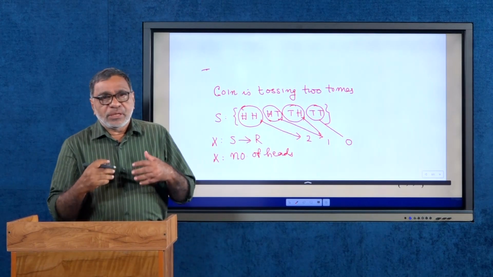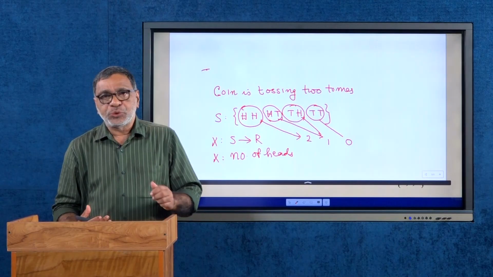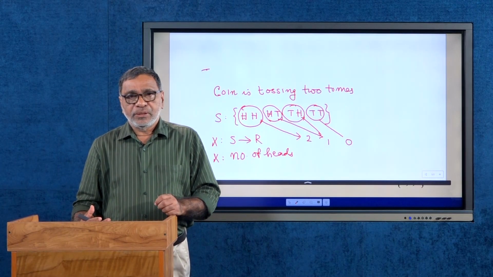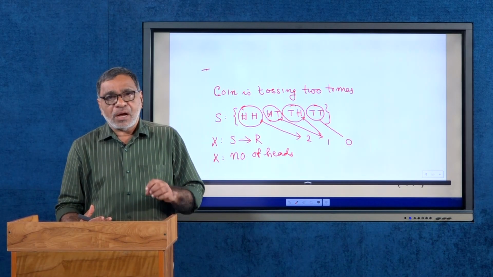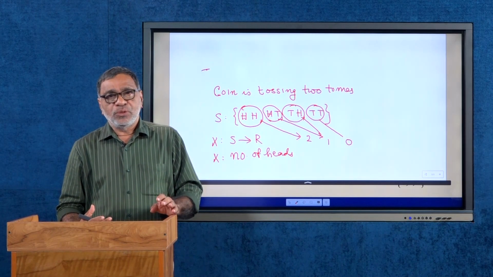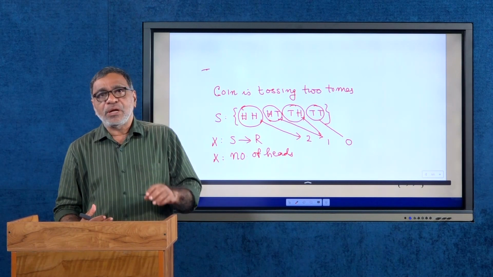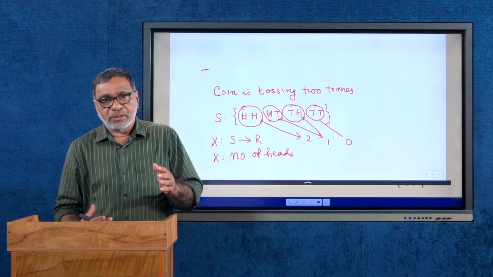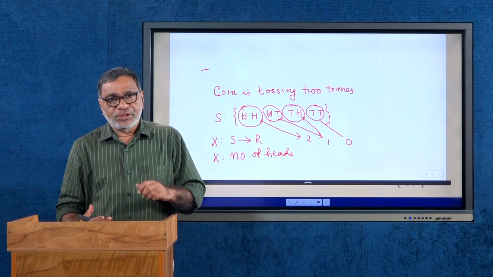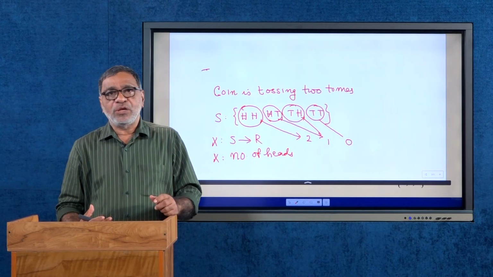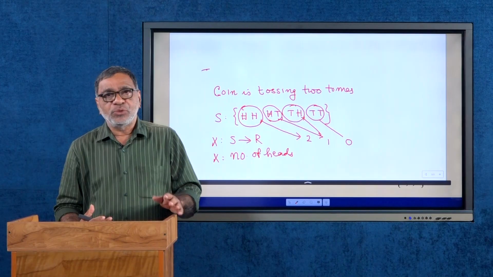So, you define a function X from the sample space to the real number system, and the values of the function may be 0, 1 or 2: if it is TT, the value is 0; if it is TH or HT, the value is 1; if it is HH, there are 2 heads, so the value is 2.